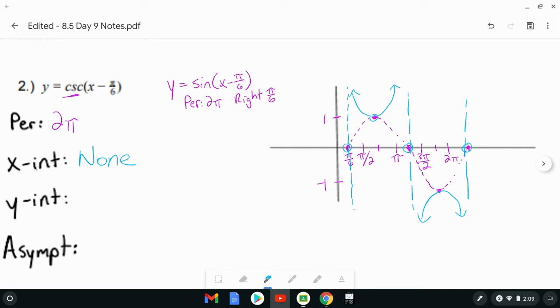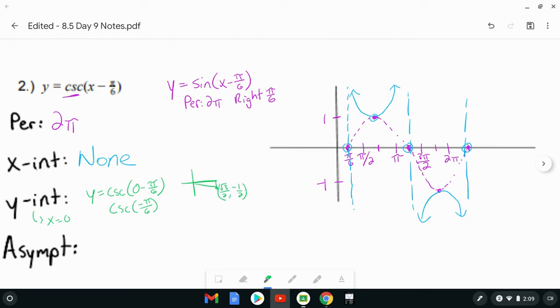For the y-intercepts, we can do the same where, again, we take the x value equal to 0. So y equals cosecant of 0 minus pi over 6. So the cosecant value of, again, negative pi over 6, where on our unit circle we said was root 3 over 2, negative 1/2.